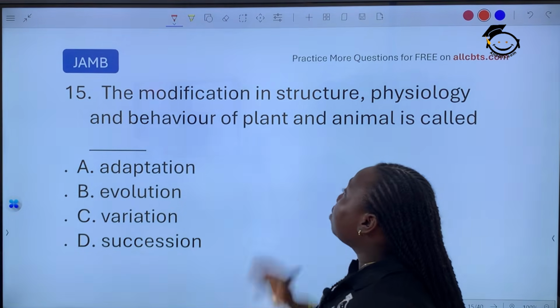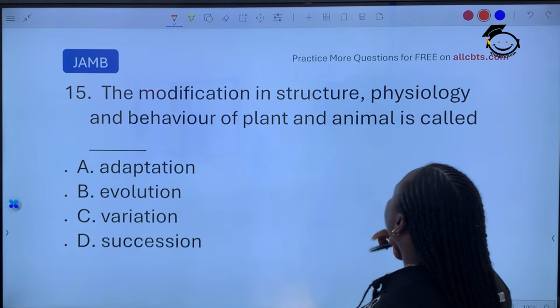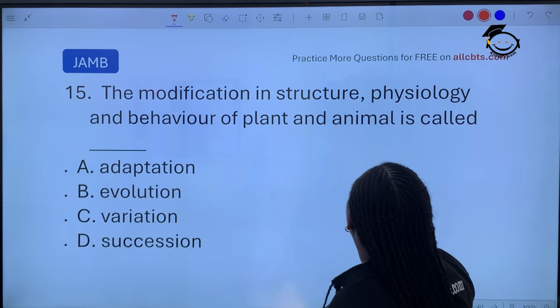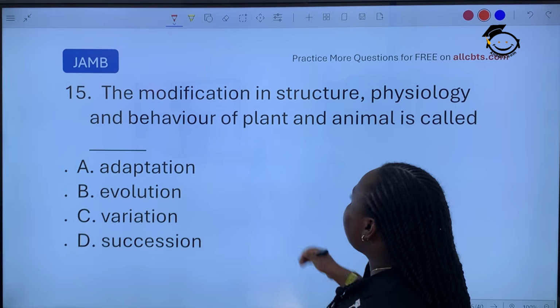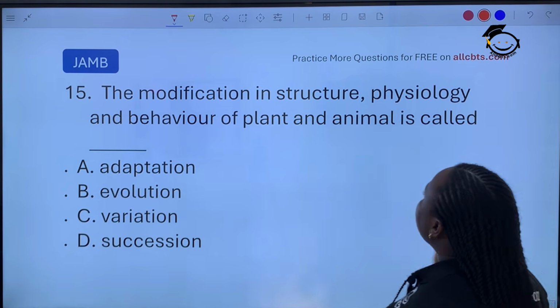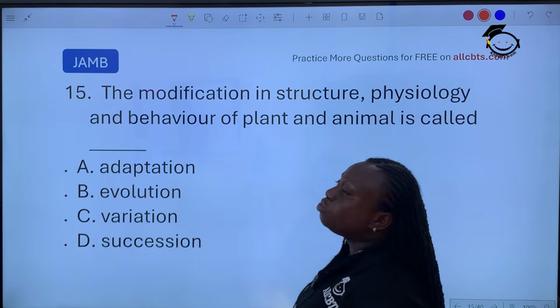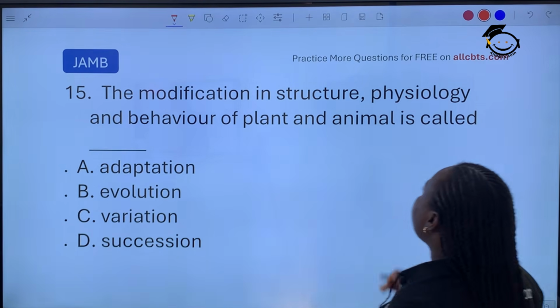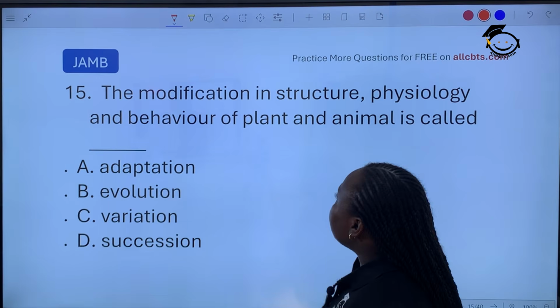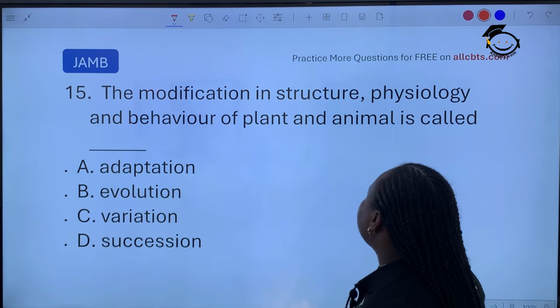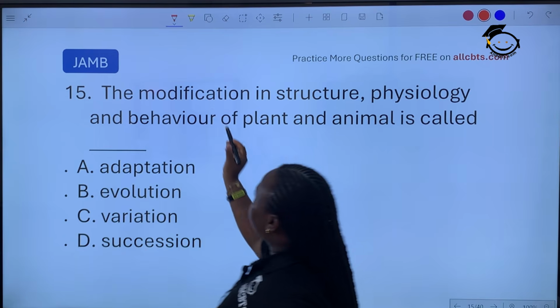Number 15, the modification in structure, physiology and behavior of plants and animals is called what?